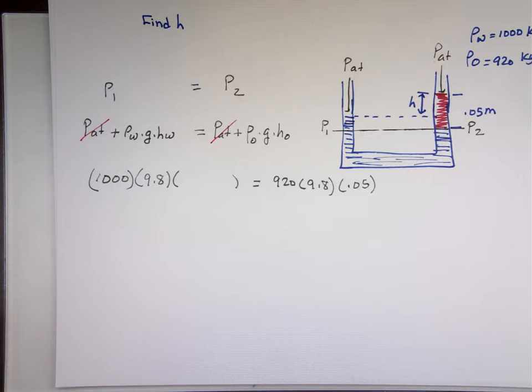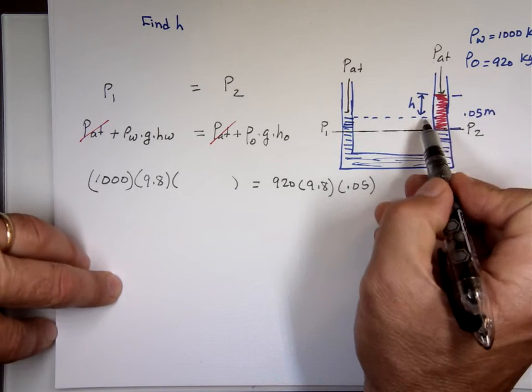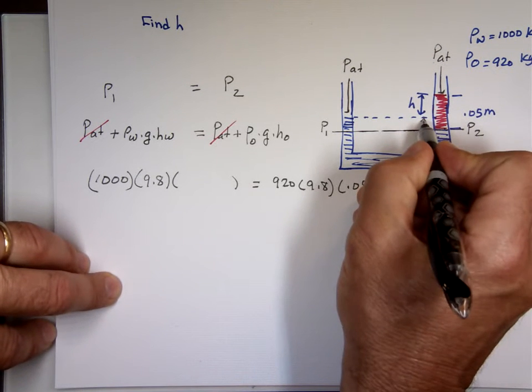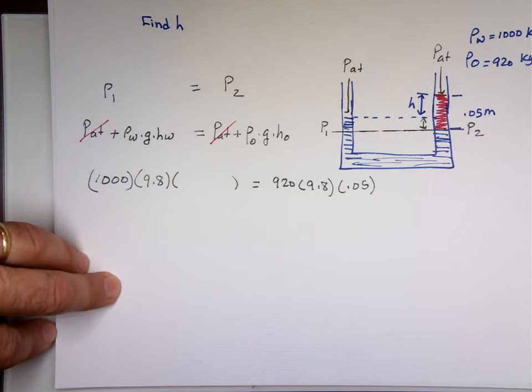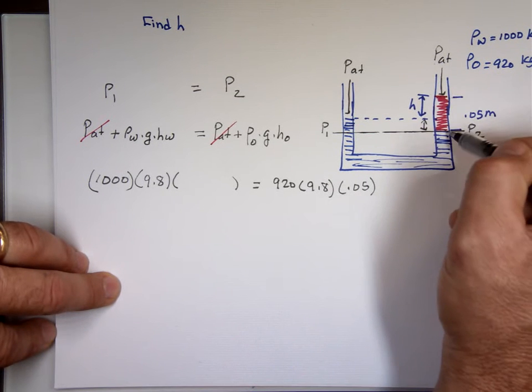Can you tell me what the height from here to there is? Is it half of 0.05? Well, it's not, because we're not sure what h is. Think again. Isn't that this distance from here to here minus this distance?